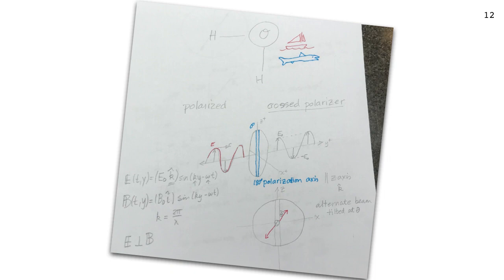So what amount of this E, this alternate E, passes the polarizer? So the answer to that is basically this.